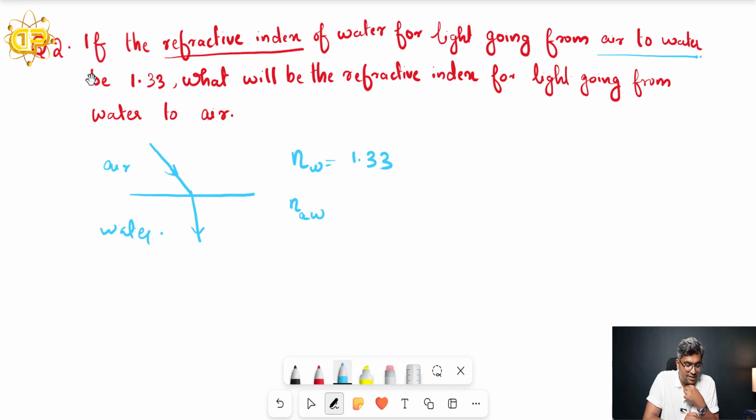What do you know? V is equal to 3 into 10 raised to 8 meter per second, and then you need to find the velocity in water, and then take the equation, that is n of water with respect to air is equal to VA by VW. Is it so? No.